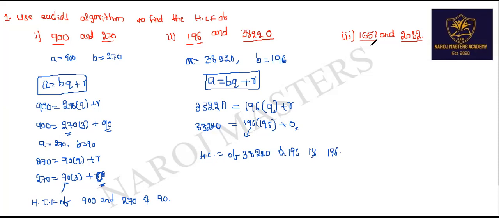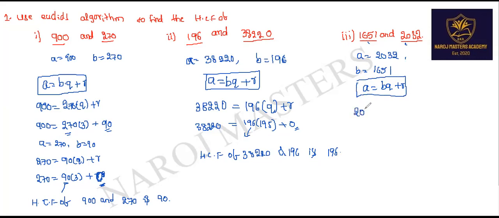Now look at the third question. Which one is greater out of these two, first and second? So 2032 is the greater. So take A is equal to 2032 and B is equal to 1651. Okay. And use Euclid's algorithm, that is A is equal to BQ plus R, and substitute the values of A and B here.